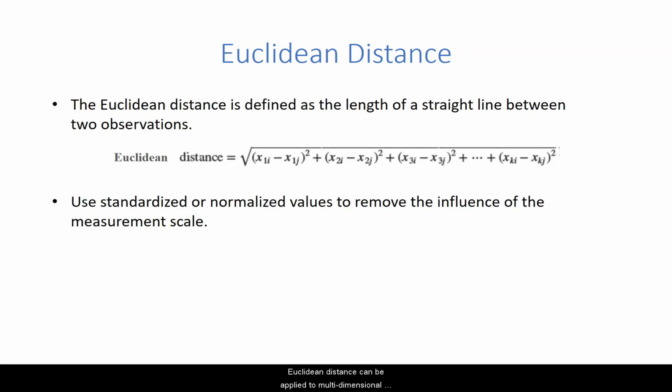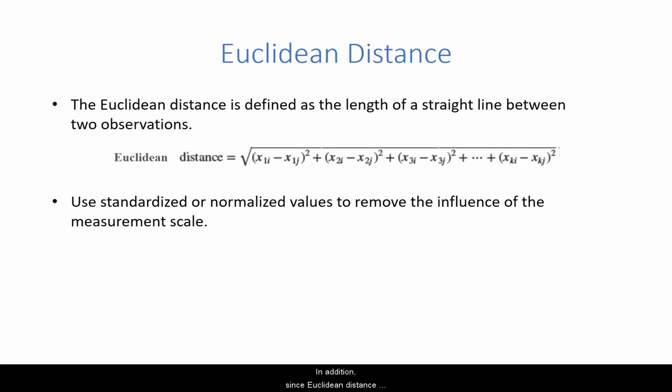Euclidean distance can be applied to multi-dimensional spaces, making it very versatile to identify nearest neighbors in a wide range of applications. Since Euclidean distance only works with numeric variables, categorical variables must be transformed into dummy variables or category scores in order to make it work.